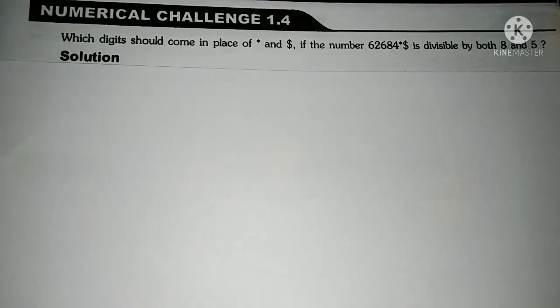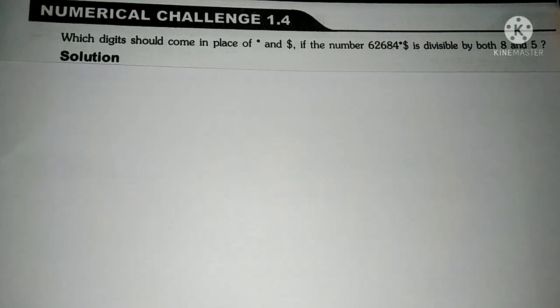So the next question is: which digits should come in place of star and S if the number 62684 star S is divisible by both 8 and 5?